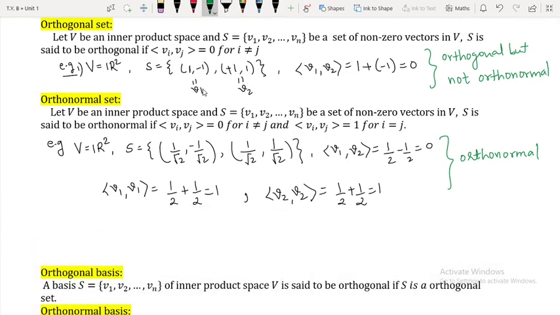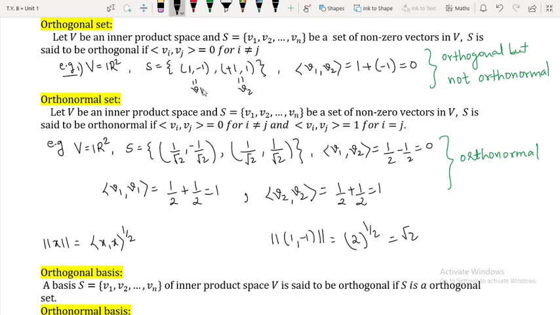Now try to remember the definition of norm. Norm is nothing but what? Norm is the inner product of x with x raised to half. So this will be the inner product of 1, minus 1 with itself. We have already calculated it. It was 2, raised to what? Half. So it is root 2.